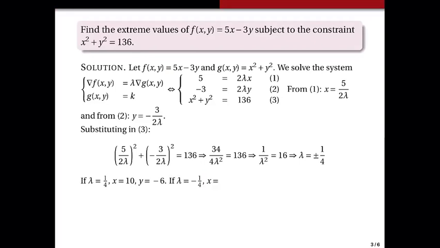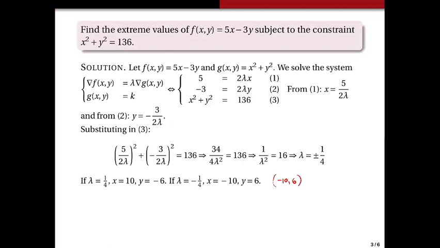And then if lambda equals negative 1/4, we replace lambda here, and we will get x equals negative 10 and y equals positive 6. So the other solution is negative 10 comma positive 6.